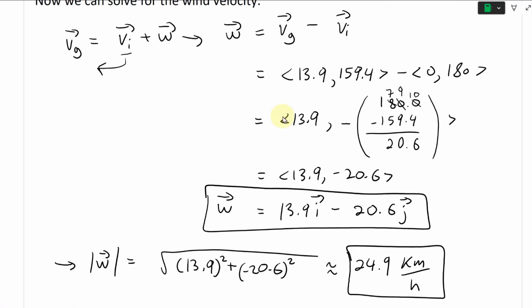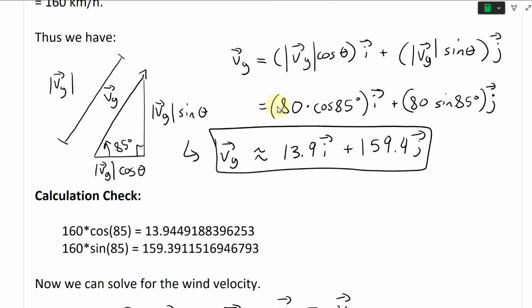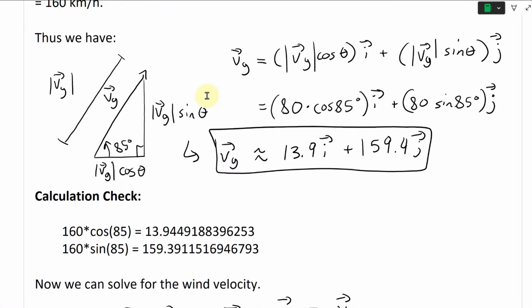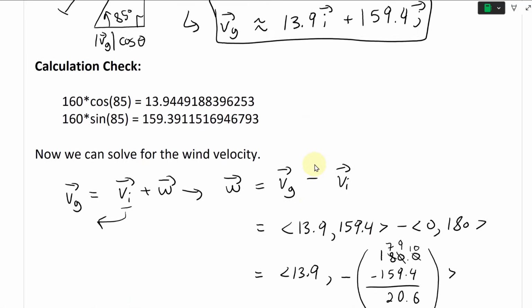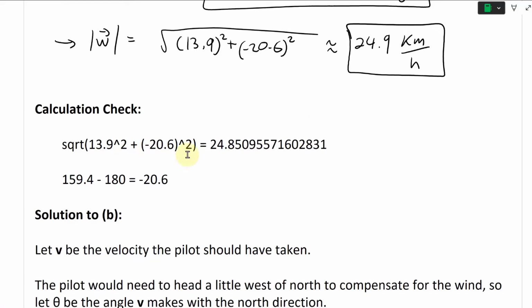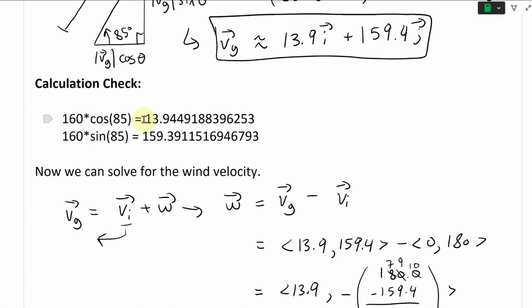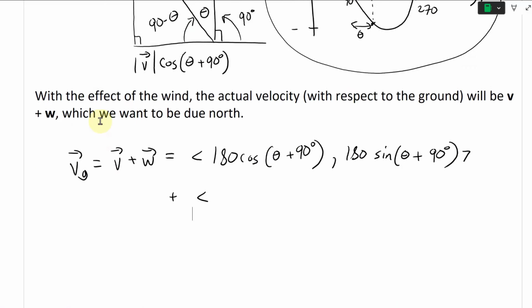But instead, let's just use the full values. And the full values here, this was the vg, and then we just subtracted 180 on this other side there. So instead of actually solving it all out, I'll just use the exact numbers. So this would be 160 cosine 85. This is 13.9. So I'll just go plus 160 cosine 85 degrees.